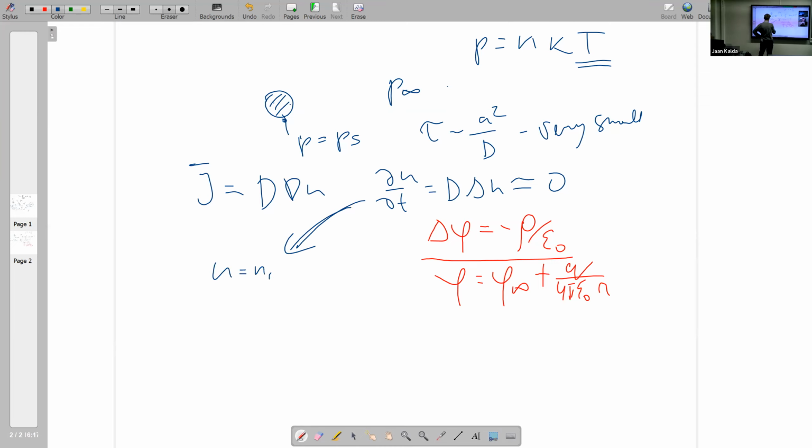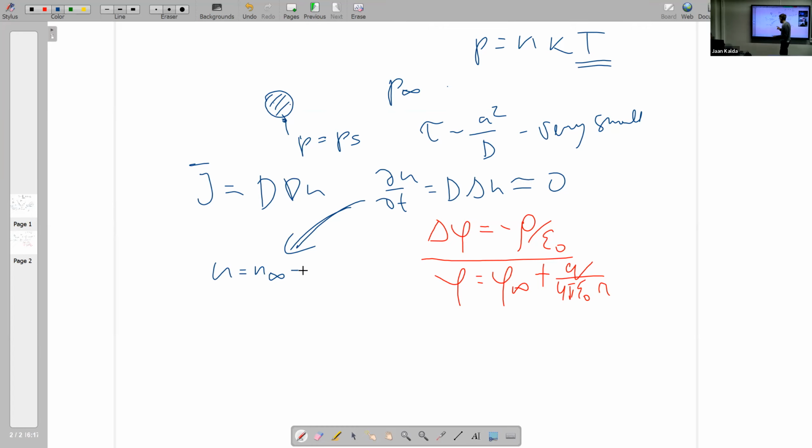So I can say also here for the previous equation that n equals a certain n at infinity, and then now minus, we just need to match boundary conditions. We know the solution comes in two parts: a constant, because a constant definitely satisfies the Laplace equation, and the 1 divided by R term, which also satisfies it. Because I have linear equations, any linear combination of those two also satisfies.